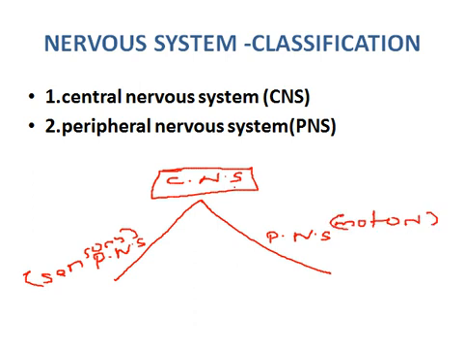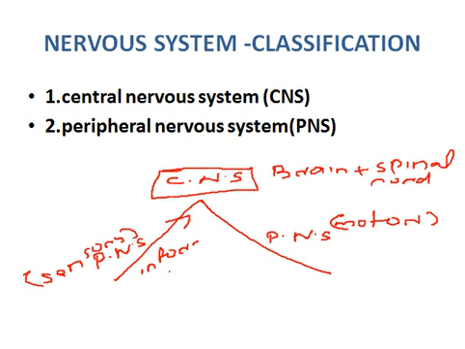So central nervous system actually includes a brain and spinal cord. So what happens when there is any information, any impulse, all those things will be taken by peripheral nervous system, the sensory part of the peripheral nervous system. It will take impulses or information or signals to central nervous system.